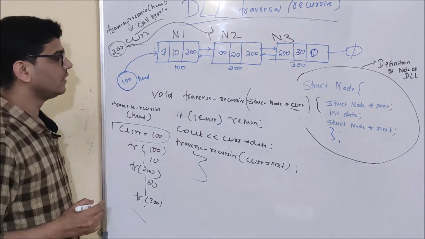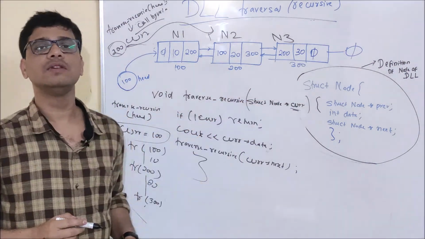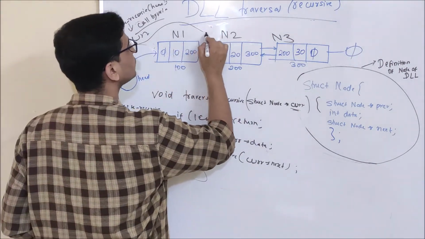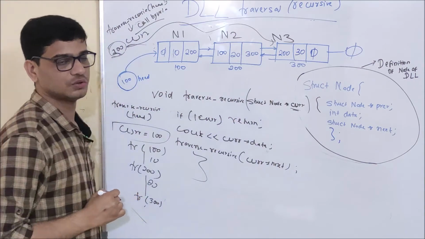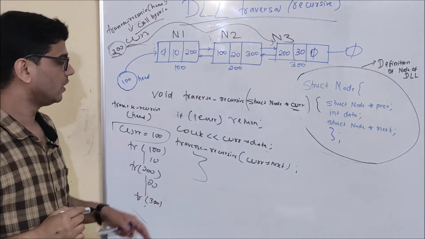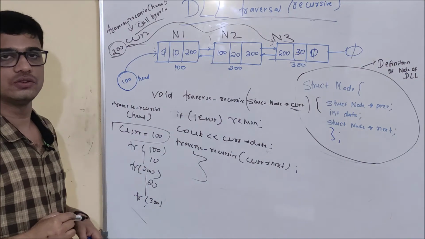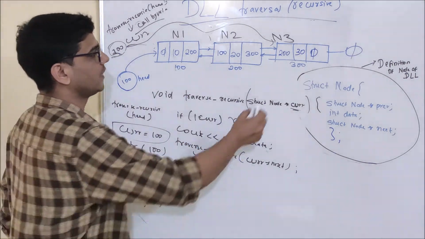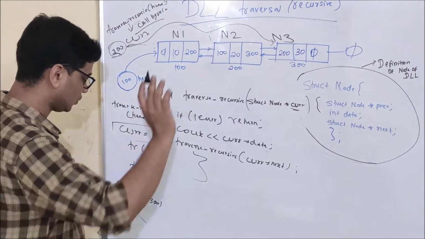Now when traverse recursive 300 will be called, current will be equal to 300, which means it will start to point to node 3, and again current, if check will be done, it will be false, so it will come and execute these two lines. So first of all it will print current.data, and what is current.data? 30.